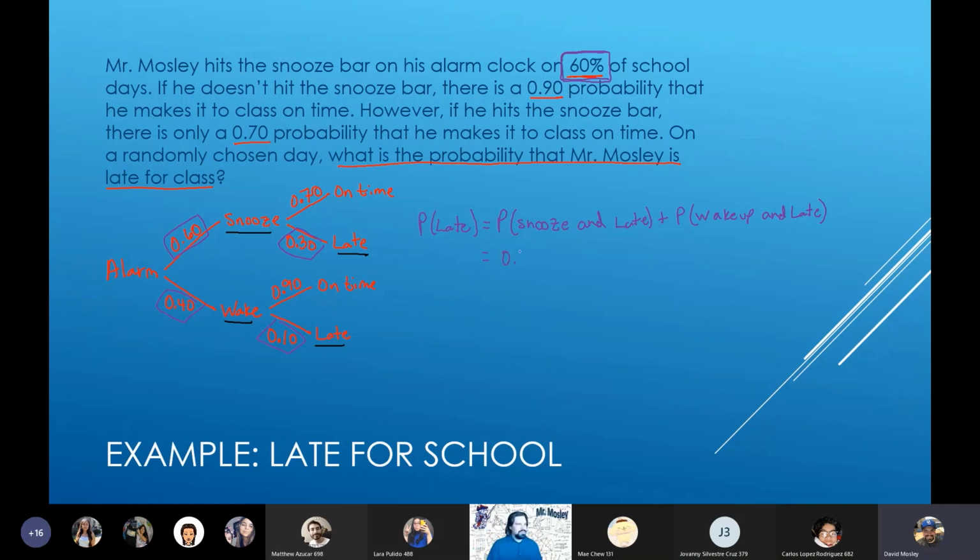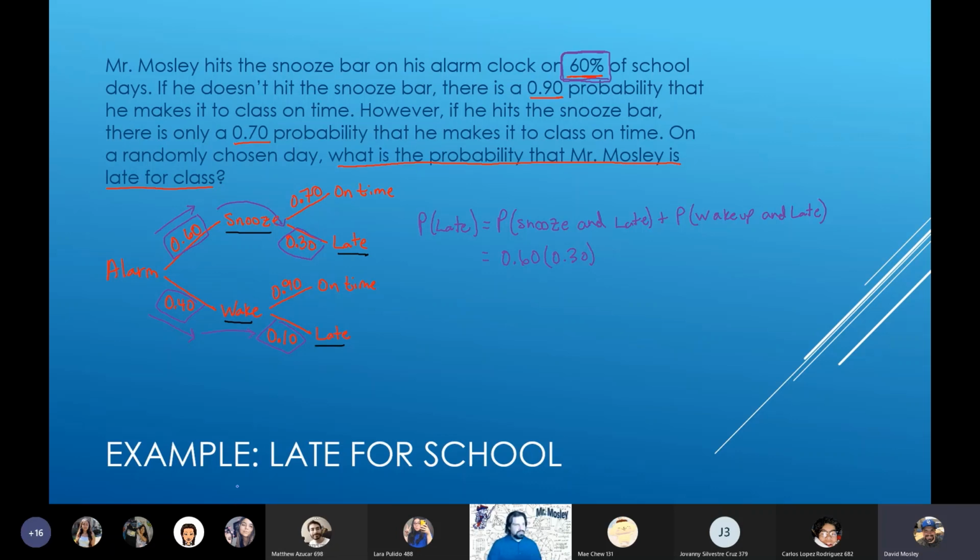We have 0.6 times 0.3 is the probability that I hit snooze and am late. I follow the branches: if I hit snooze and I'm late, I follow there. If I wake up and I'm late, I follow this branch.